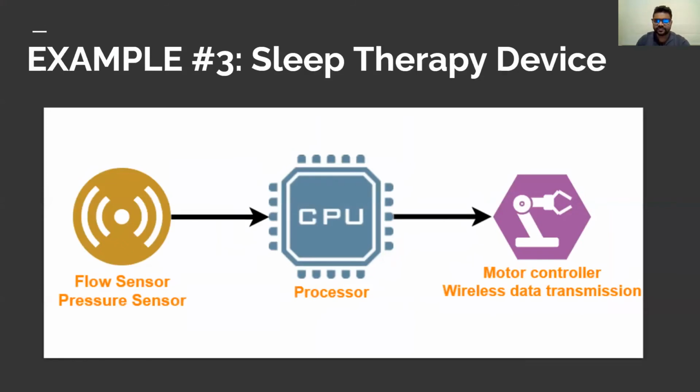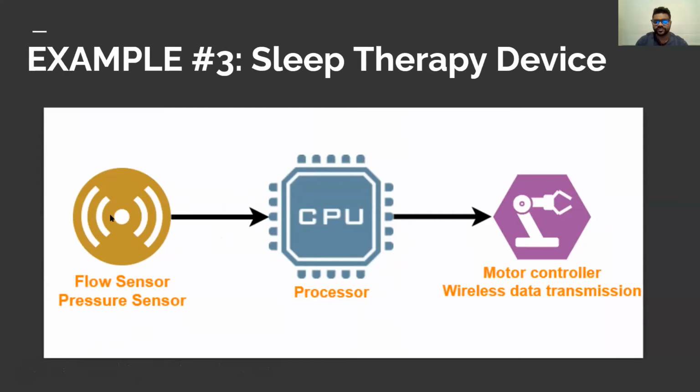The device that I'm working on at the moment is a sleep therapy device, and I'm not allowed to share the internal details, but I will talk about the rough idea of how it's done. We have a microcontroller and flow sensors and pressure sensors. These are the two main sensors, a flow sensor and a pressure sensor.